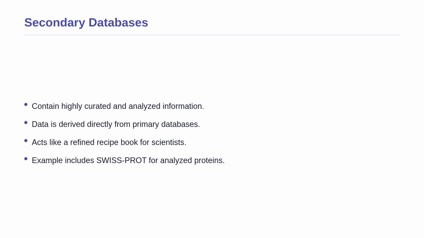If primary databases are the raw ingredients, secondary databases act more like a refined recipe book. Other experts will analyze a raw gene, figure out exactly what protein it makes, and store that refined knowledge in a secondary database, like SwissProt. This structured ecosystem prevents computational biologists from wasting years trying to find reliable data.